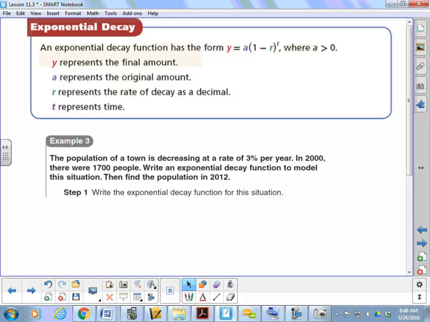Exponential decay looks exactly like the exponential growth, except we're subtracting a percent instead of adding a percent. Y is still the same, the final amount. A is the original amount. That's a little a. Make sure you don't mix up your A's, lowercase and capitals. And R represents the interest rate as a decimal again, or the decay rate, I should say in this case.